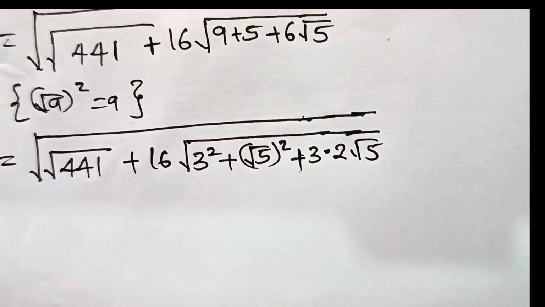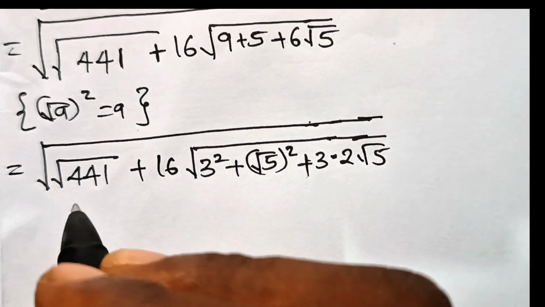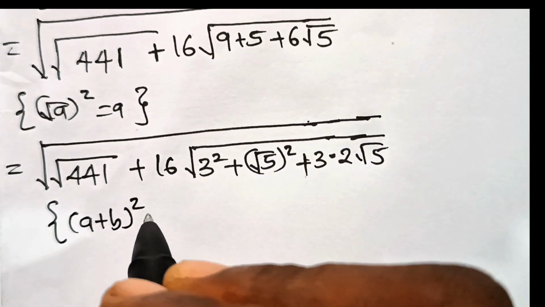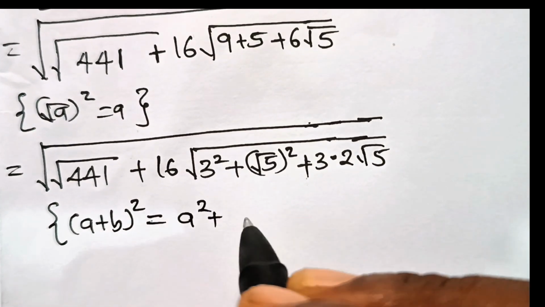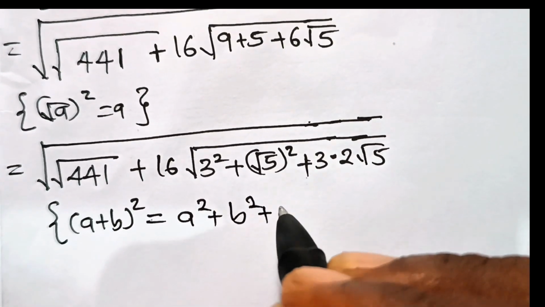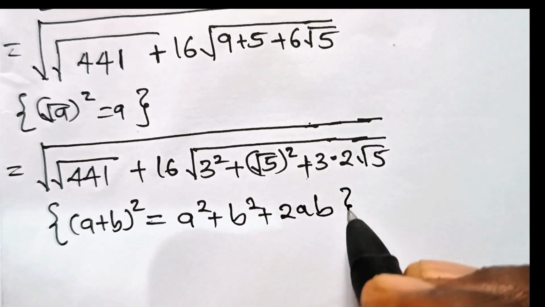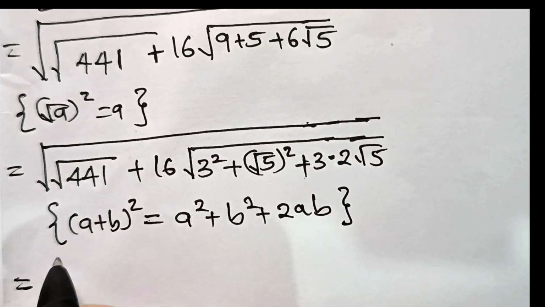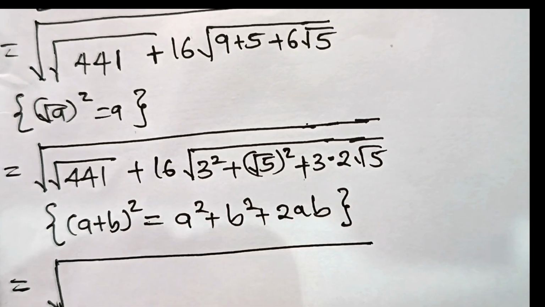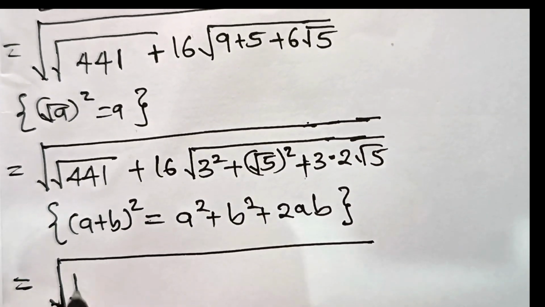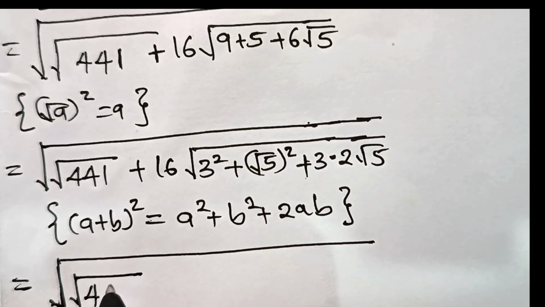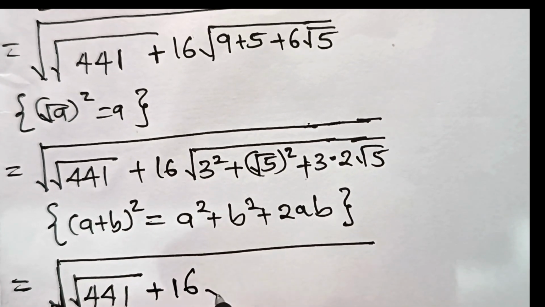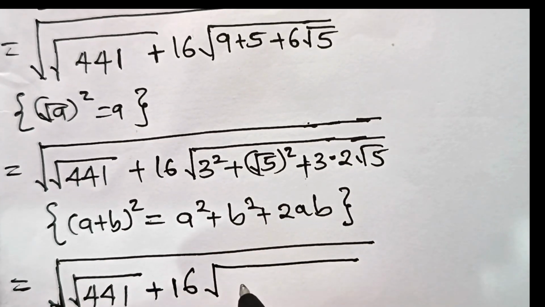Now remember that a plus b all squared is equal to a squared plus b squared plus 2ab. So this is equal to the square root of 441 plus 16 roots.